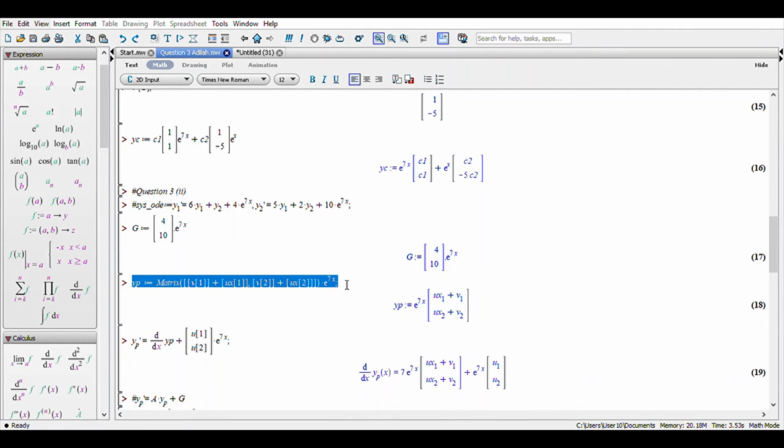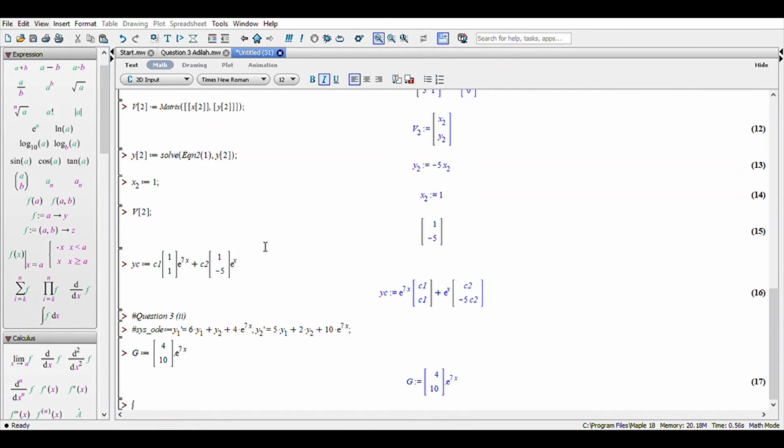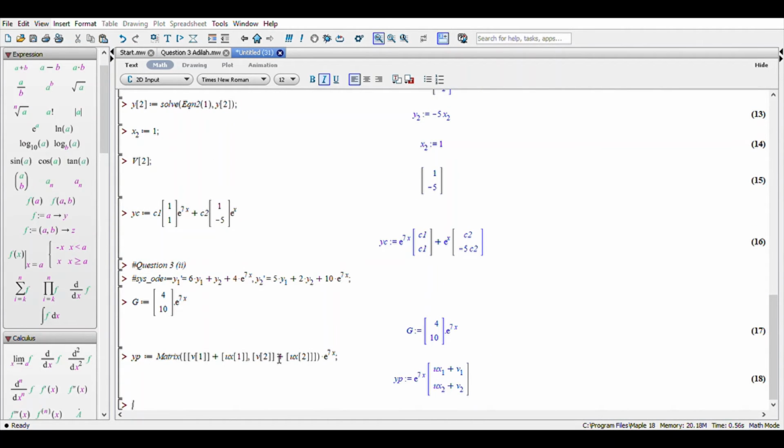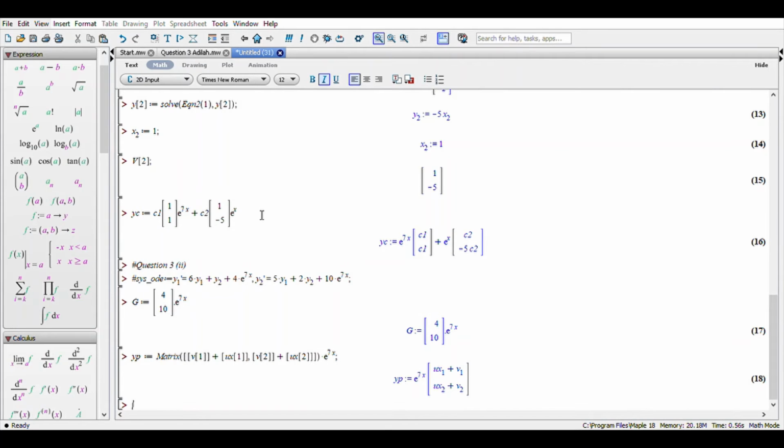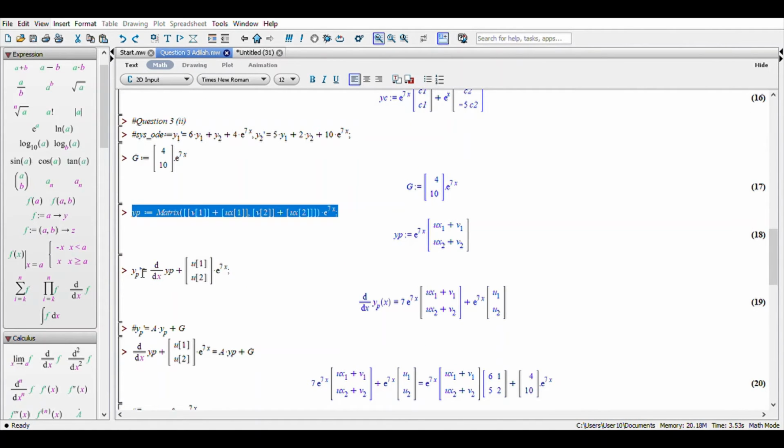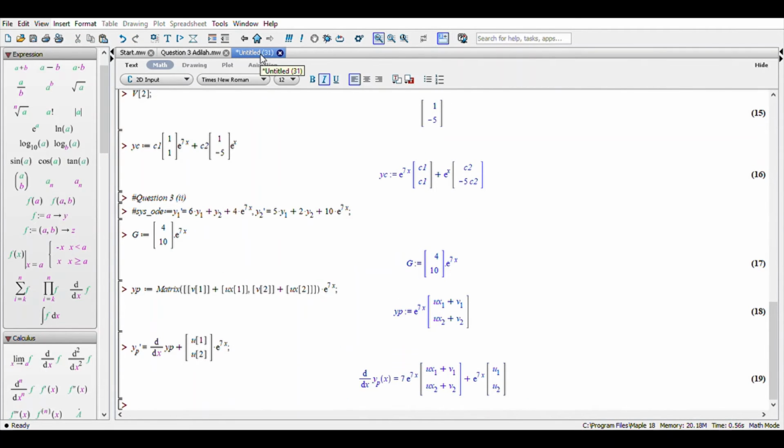After we identify the form of our G, we have to form the YP equation. YP is equal to e to the 7x times u1 x plus v1, u2 x plus v2. And our YP is then differentiated, and we will get this, plus e to the 7x times u1, u2.